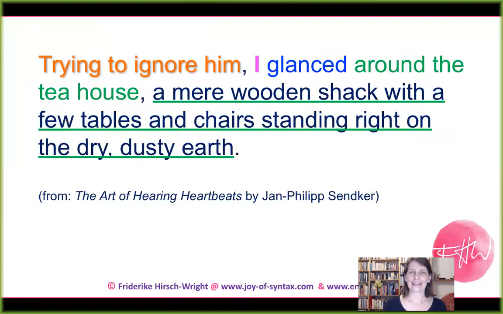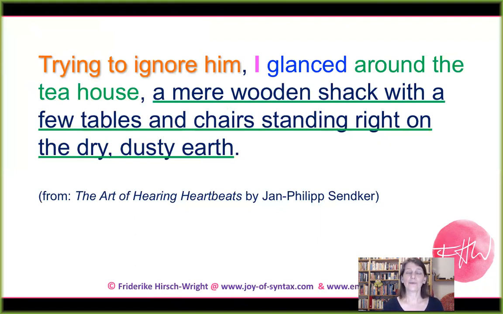Here's another example of a participle construction, and this one is a present participle construction. That's why I chose it. I wanted to provide a successful example of a present participle construction as well. This one is from a translation. The original is written in German, and the translation is The Art of Hearing Heartbeats by Jan Philipp Sendker. Okay, but this is just a note on the side.